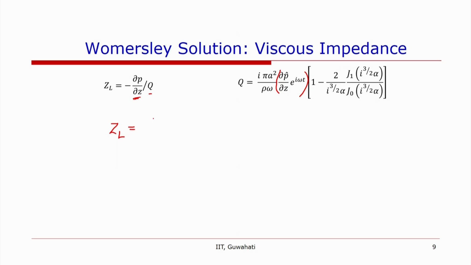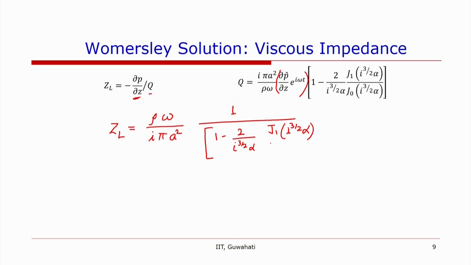So that will be rho omega by i pi a squared into 1 over 1 minus 2 over i to the power 3/2 alpha, J1 i raised to the power 3/2 alpha divided by J0 i raised to the power 3/2 alpha.